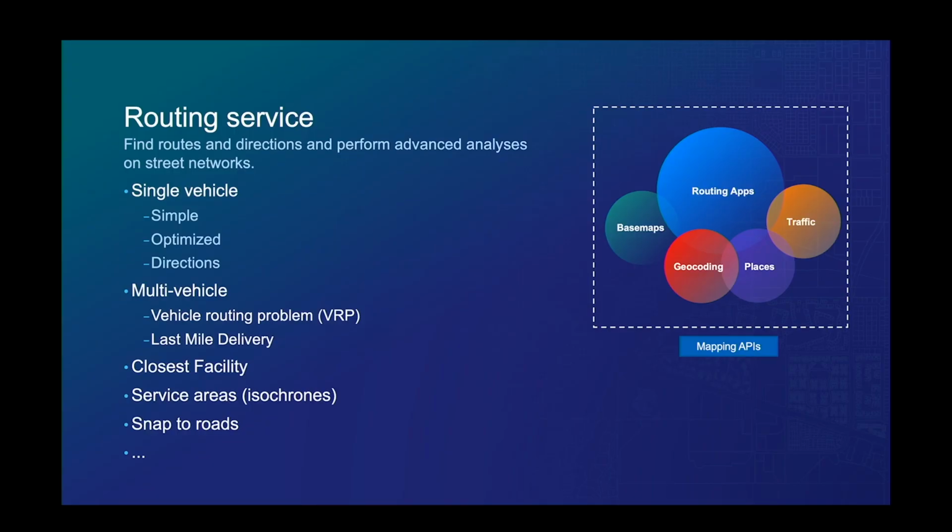And then on the multi-vehicle side, it's a larger concept where we have multiple stops, multiple routes, or vehicles, and we want to orchestrate all those to find the most optimal solution. And so there's two endpoints or operations on the routing service. The vehicle routing problem, or VRP service, has been around for years.